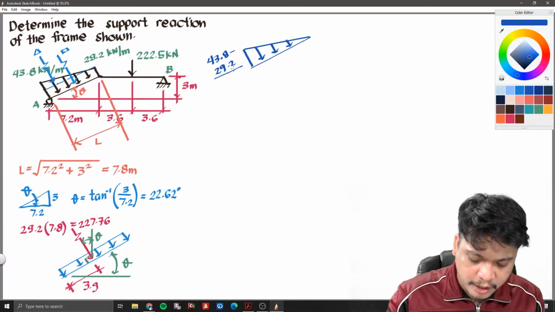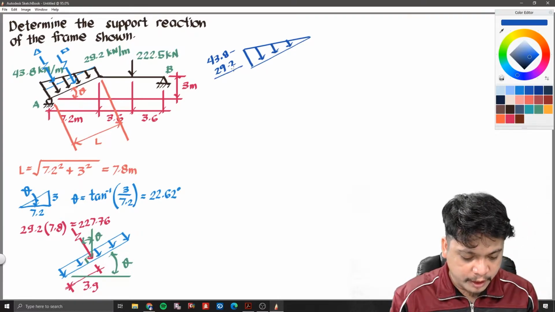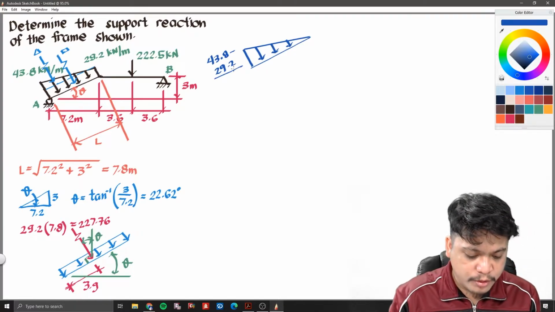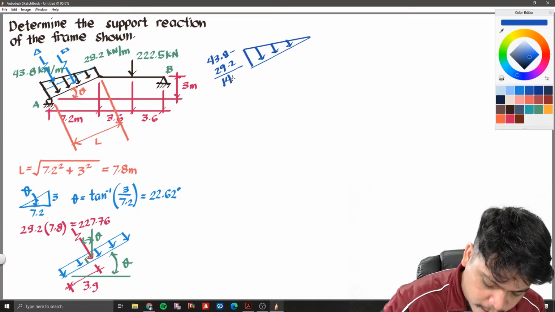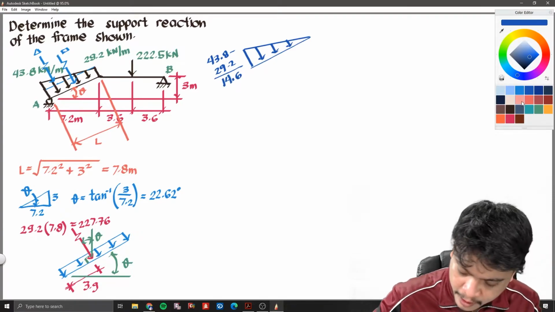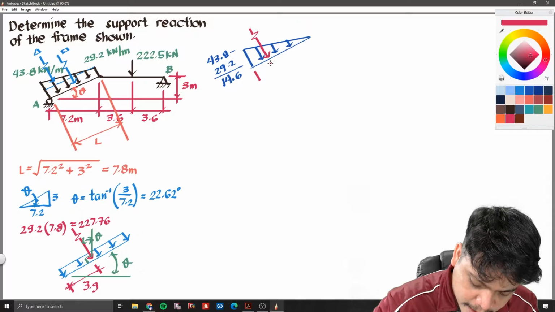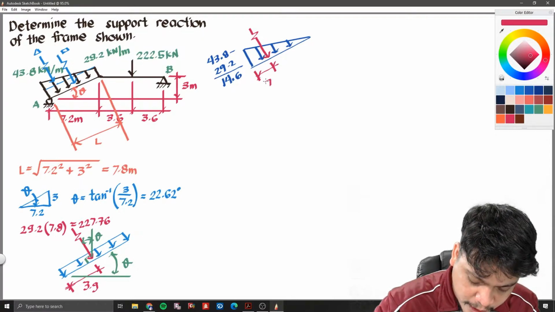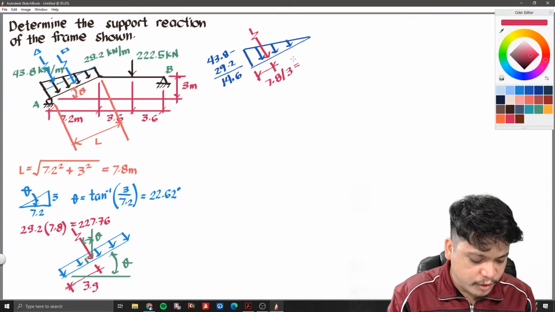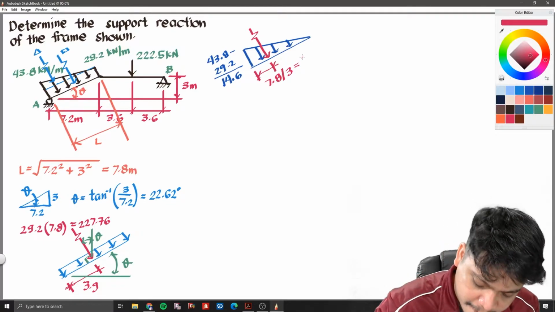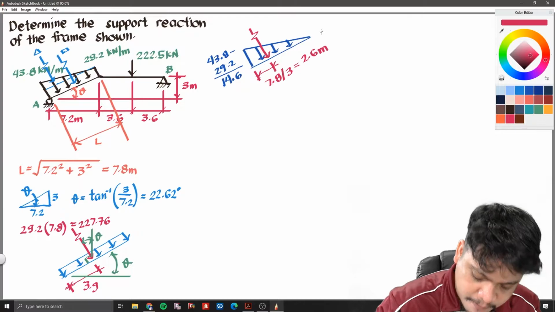Okay, so the resulting would become equal to 43.8 minus 29.2, so that's around 14.6. Okay, and then again, dito na yung resultant, pero yung distance niya mula dun sa point A, that's around 7.8 all over 3. Okay, so that's 7.8 divided by 3. So you will have here 2.6 meters.